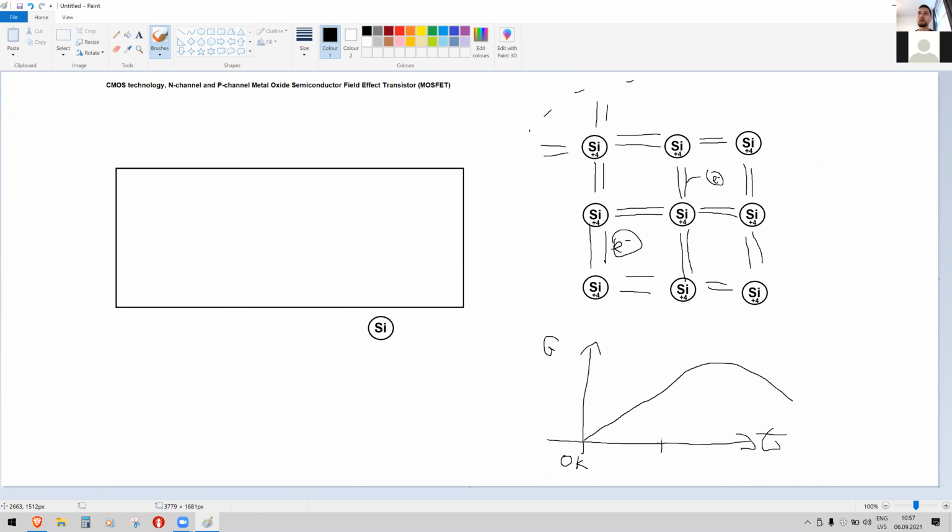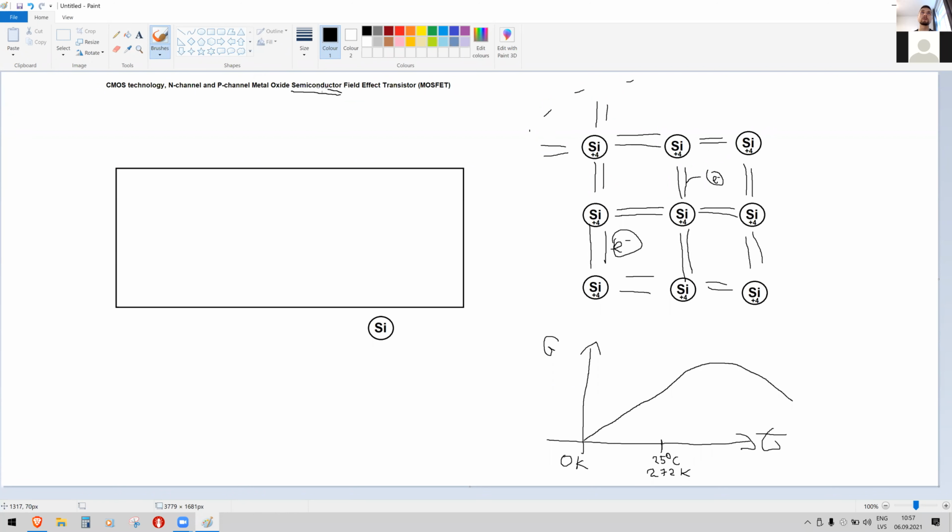But we are maybe somewhere here. Room temperature, 25 degrees Celsius, is 298 kelvins, right? So if we heat up the material to something like 200 degrees, it actually starts to conduct better. Okay, so for this reason, this material is called a semiconductor.